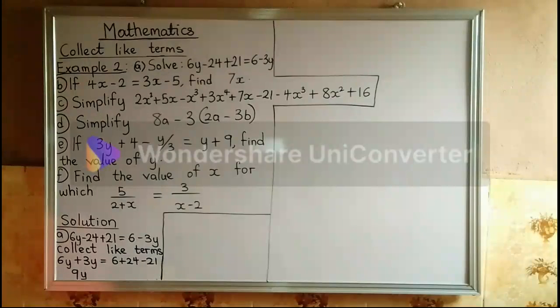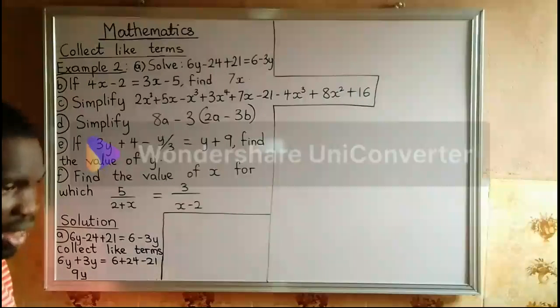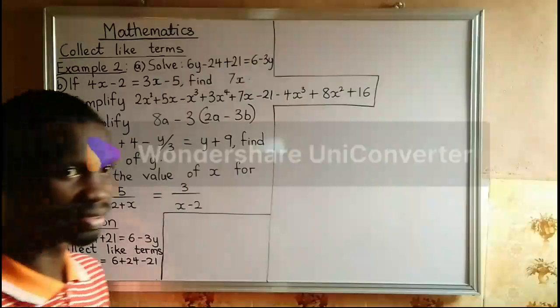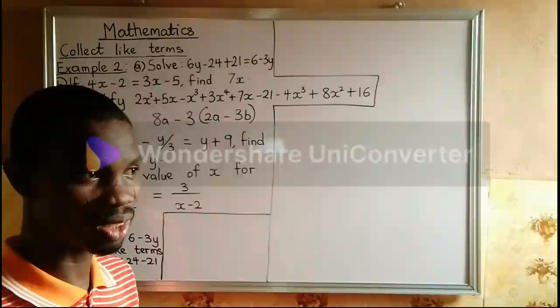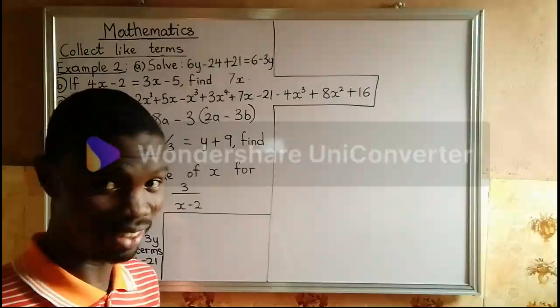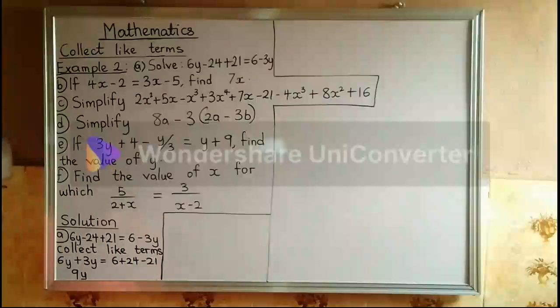The reason why we collected the like terms is so that we could evaluate them. Imagine, for example, if this is 6y and this is 3x, they are not like terms, so you can't evaluate them. It's just like saying 6 naira plus $5. That won't give you, will it be 11 naira or $11? You get what I'm saying, right? So it has to be the same.